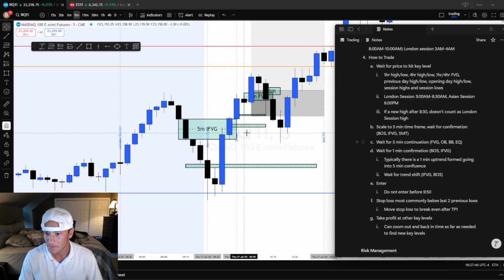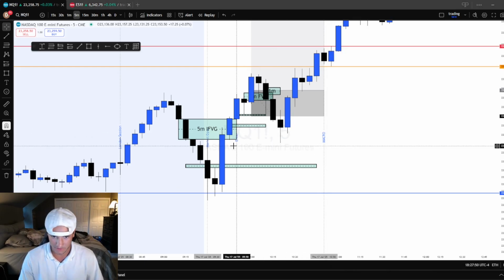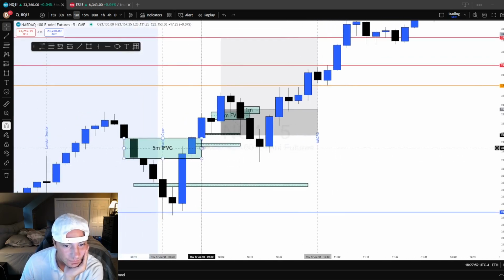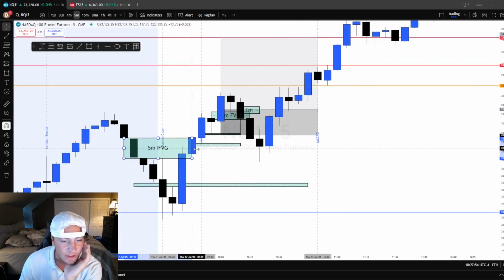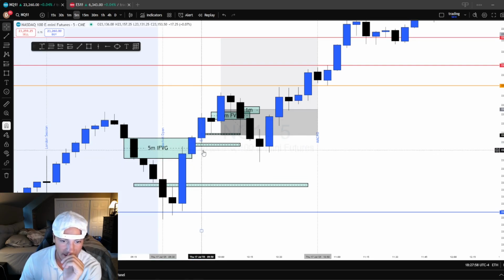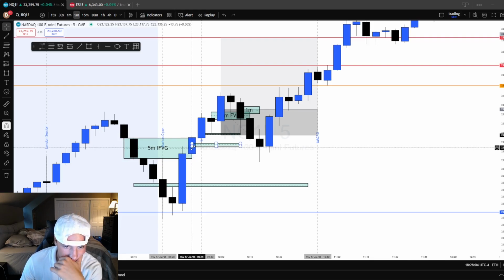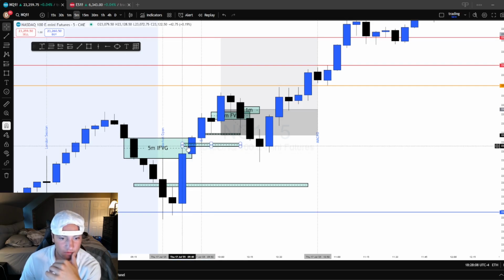So easy. Wait for 5-minute continuation. Fair value gap, order block, paper route, equilibrium. So here's our 5-minute inverse fair value gap, we break through that. Here is also a 5-minute inverse fair value gap.